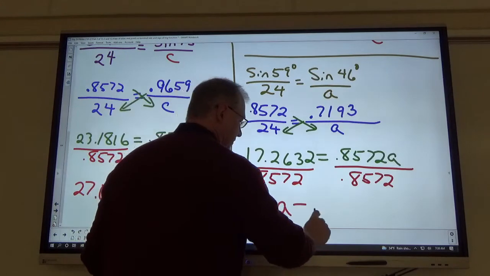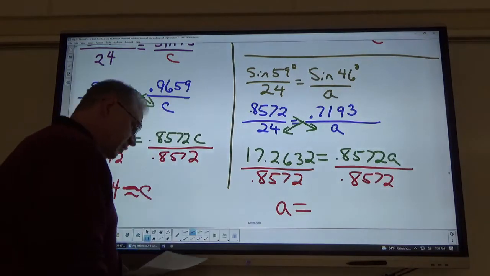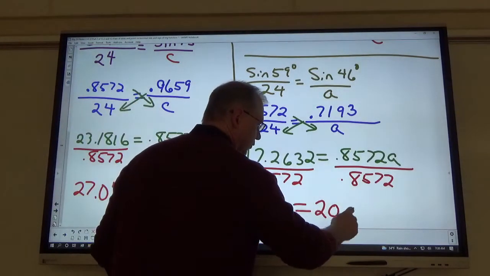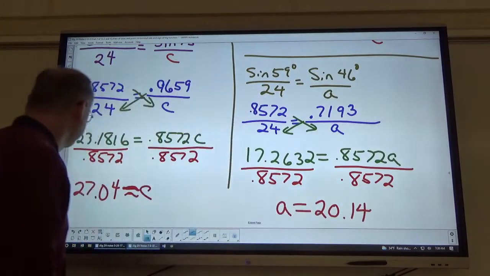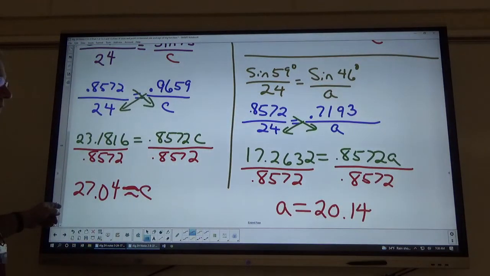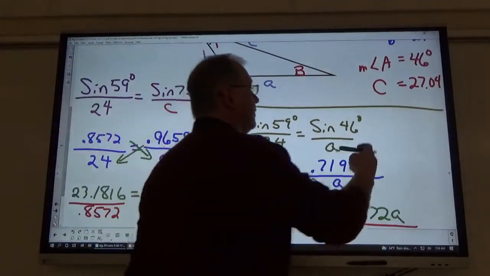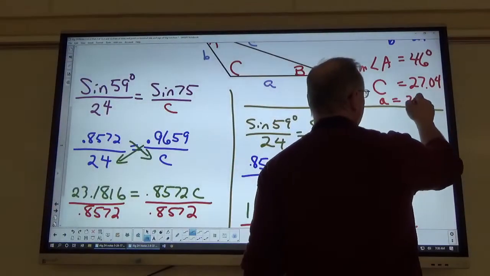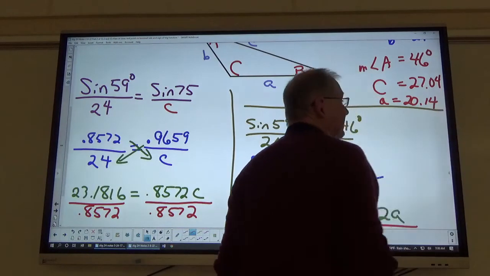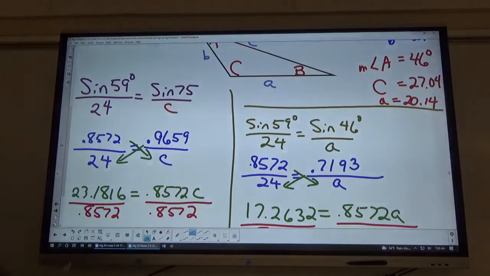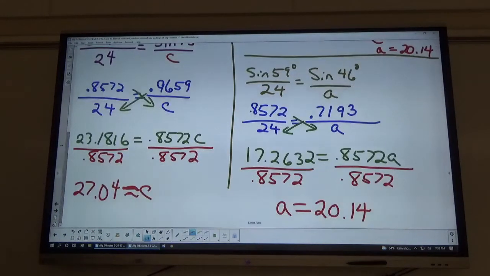So A is going to end up to be approximately 20.14. A equals 20.14. Now I've solved for all the sides, all the angles, and that's the process you use for finding the sides and angles given a particular triangle.